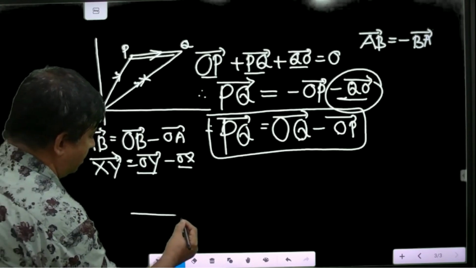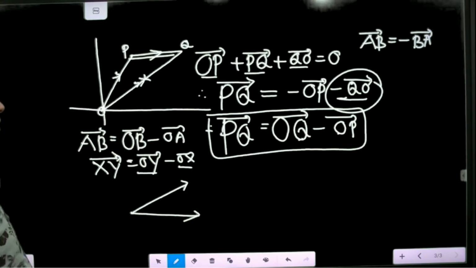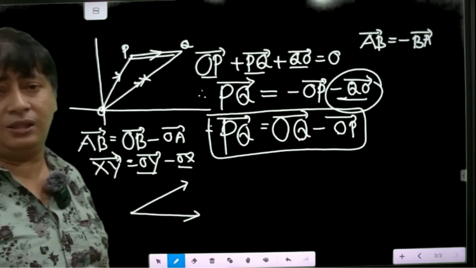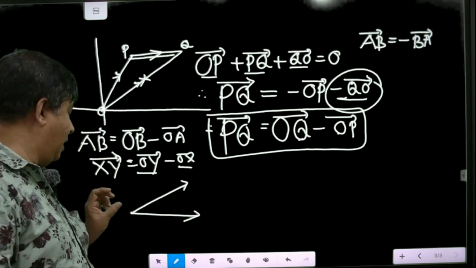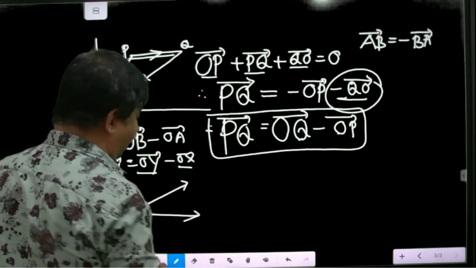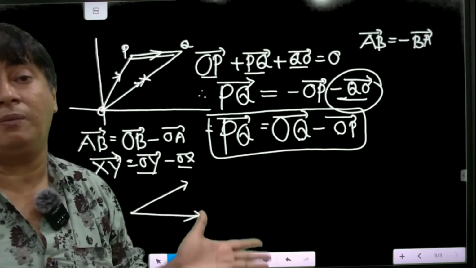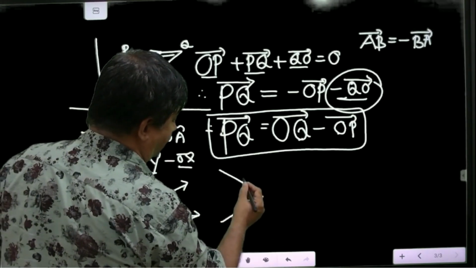Now, how to find the angle between two vectors? See, to find that, we have to take two vectors which are coming from a common point, or you can say diverge from a common point or converge to a common point.